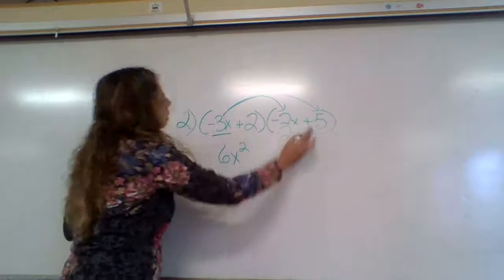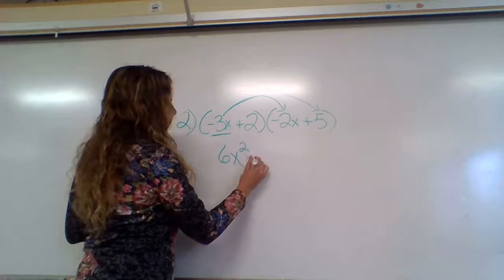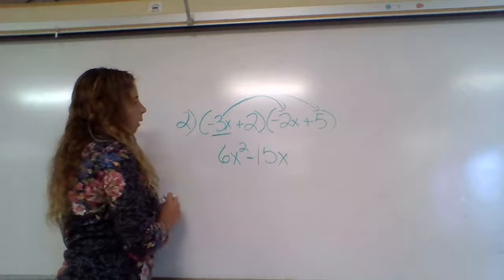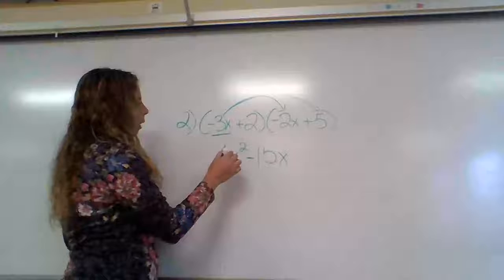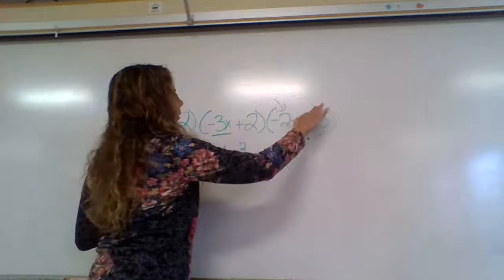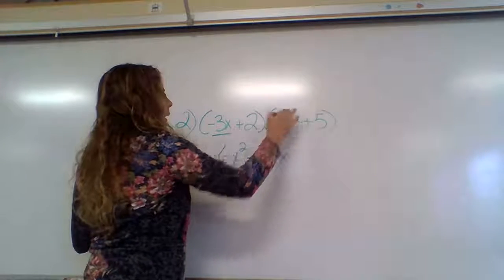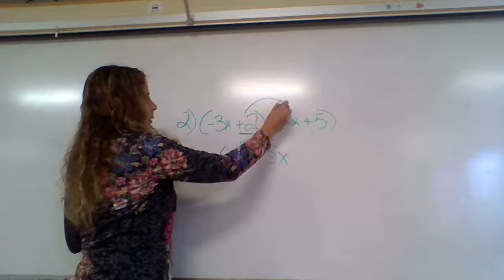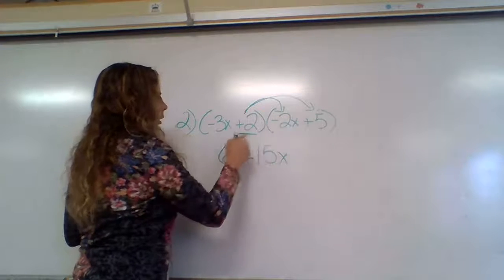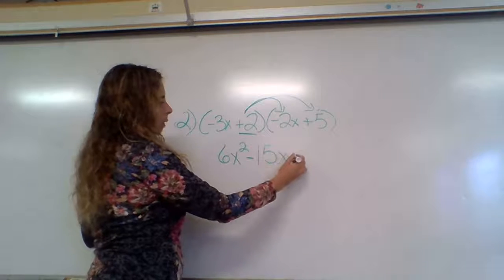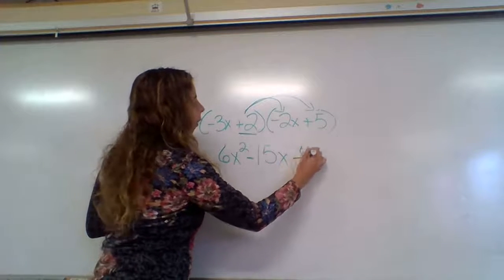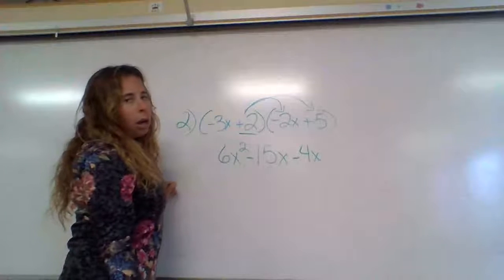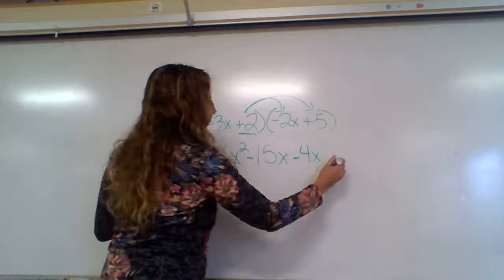Negative 3x times 5 is negative 15x. And we're done with the negative 3x. So move on to your 2. 2 times negative 2x is negative 4x, and then 2 times 5 is 10.